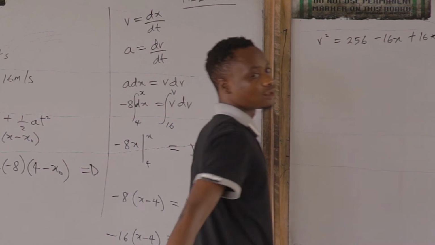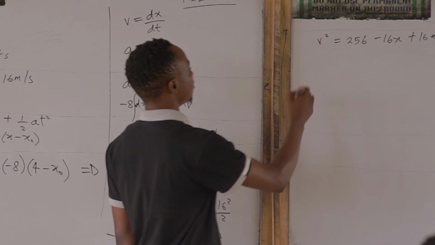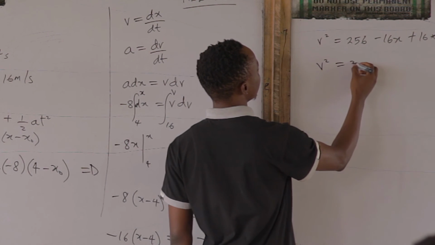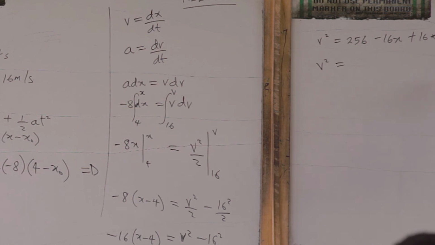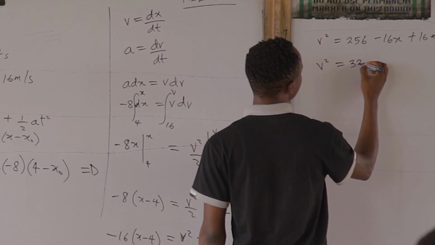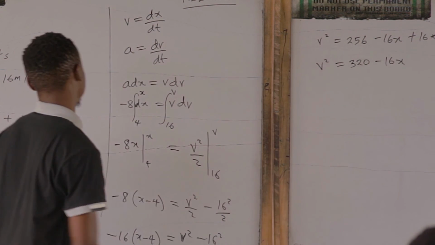Minus 16 times minus 4, exactly. What would that give us now? v squared is equal to, putting them together, 256 plus 64, which is 320, minus 16x. Exactly.